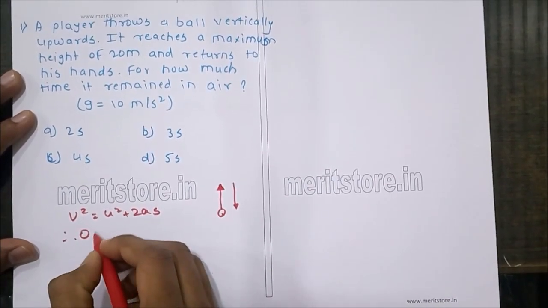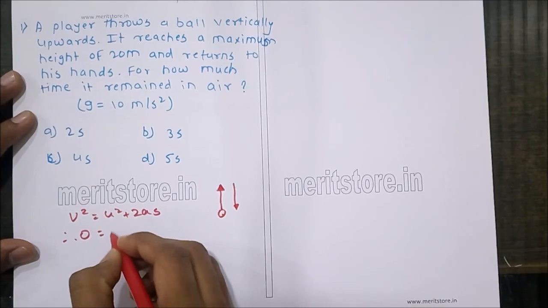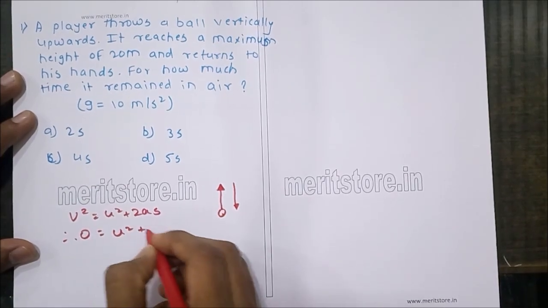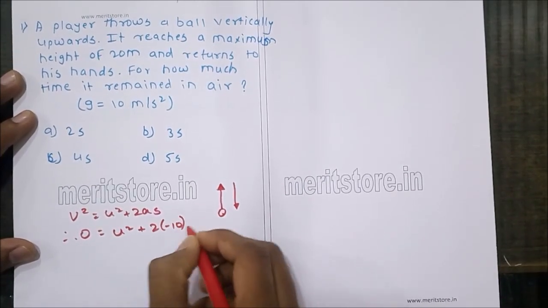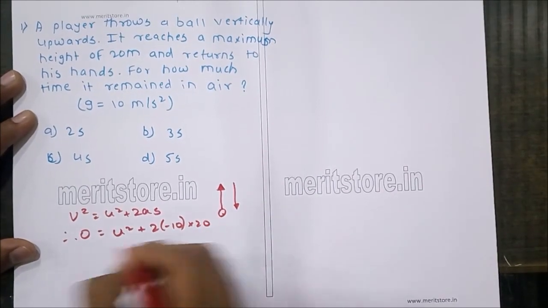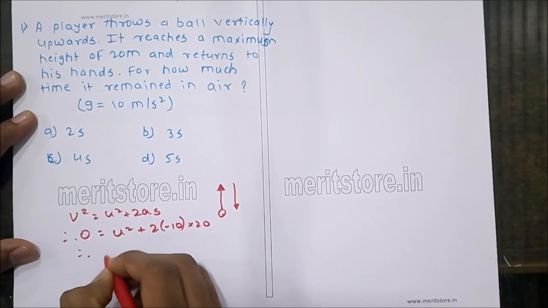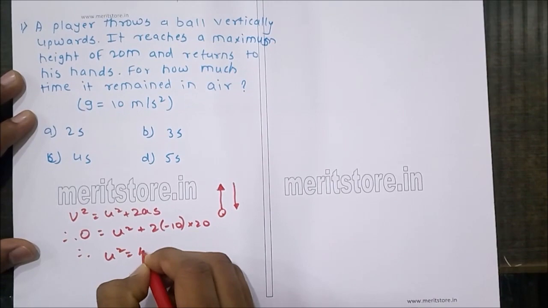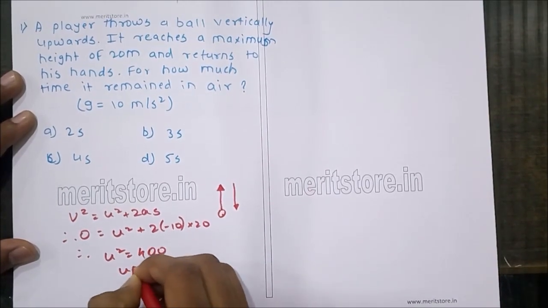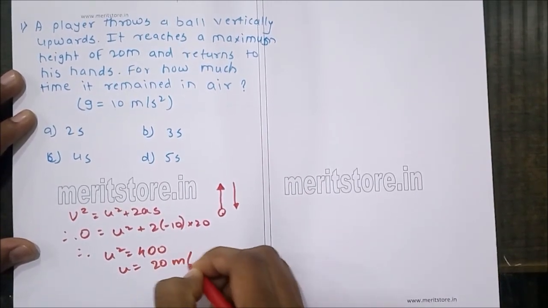Since at maximum height the velocity would be 0, 0 is equal to u square plus 2 times minus 10 into 20. Therefore u square is equal to 400 and u is equal to 20 meters per second.